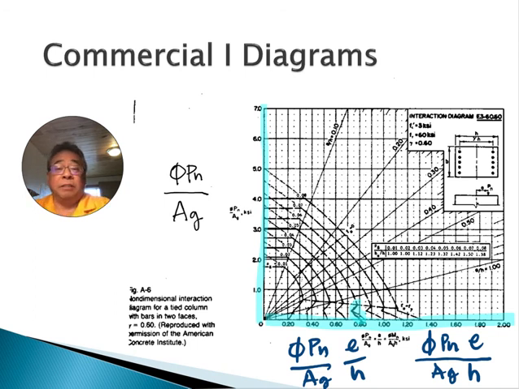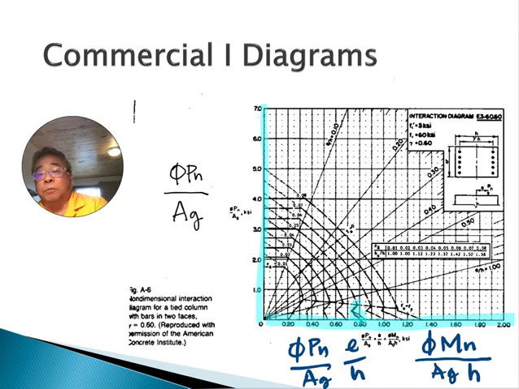Remember the definition of eccentricity was M over P, so P times e is the moment. So the x-axis is the moment capacity, but they've been sort of non-dimensionalized, divided by the area for the y-axis and divided by the area times h.